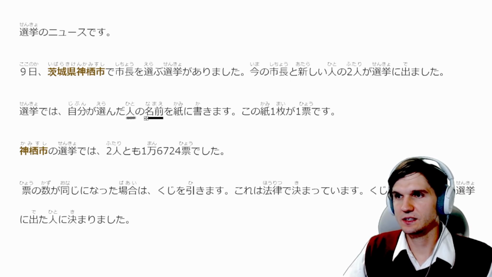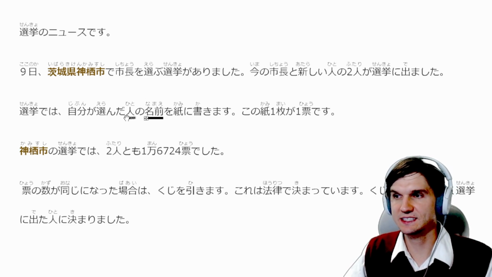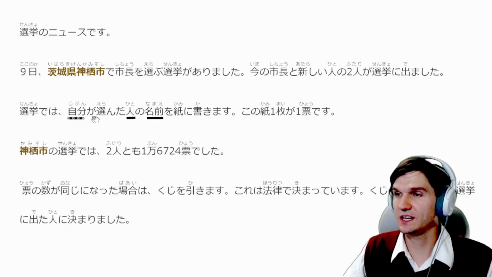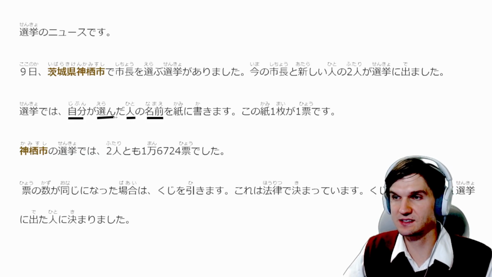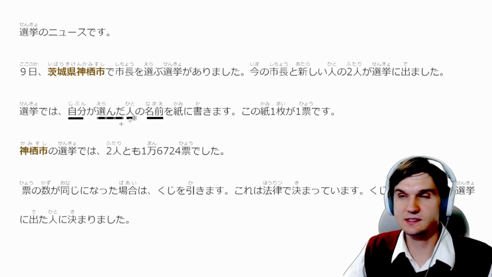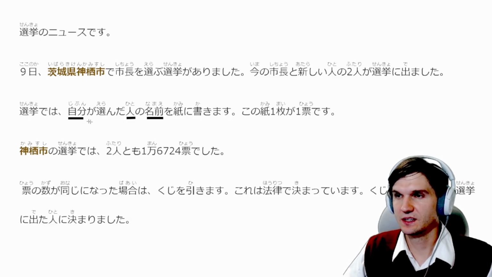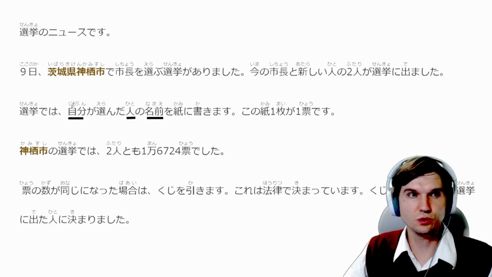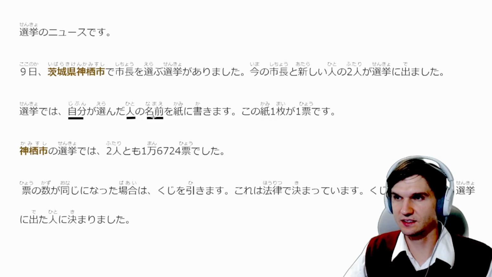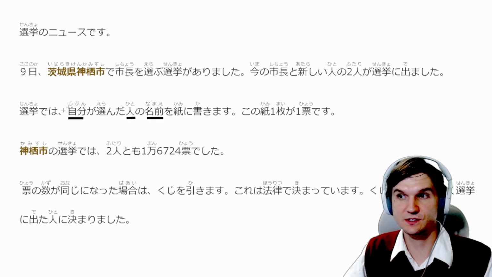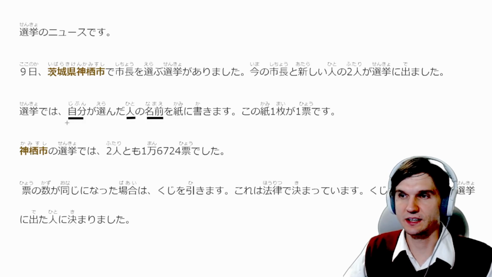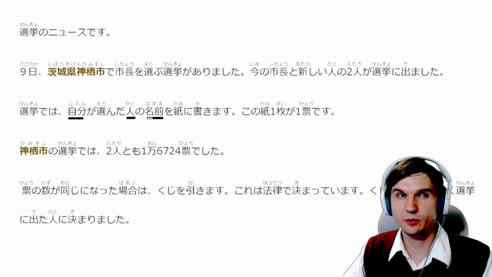So 人の名前 would be a person's name. 自分 is yourself, and 選ぶ in the past tense here is selected, 選んだ. So 自分が選んだ人 would be the person you've selected, and 自分が選んだ人の名前 would be the name of the person who you've selected.